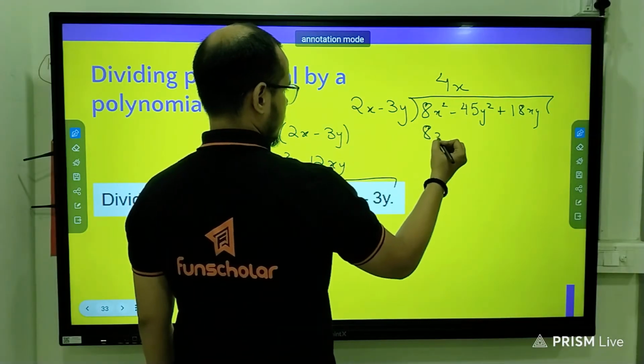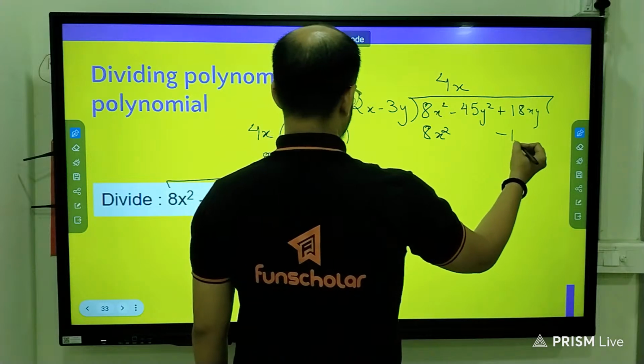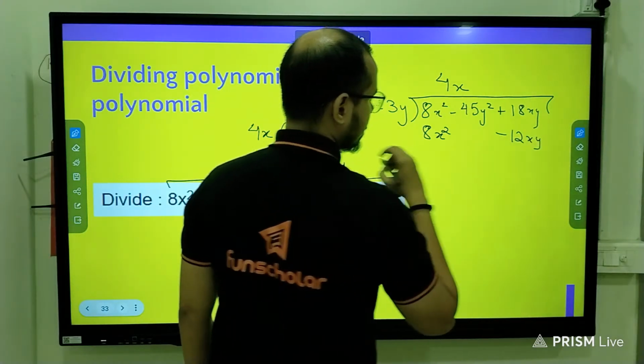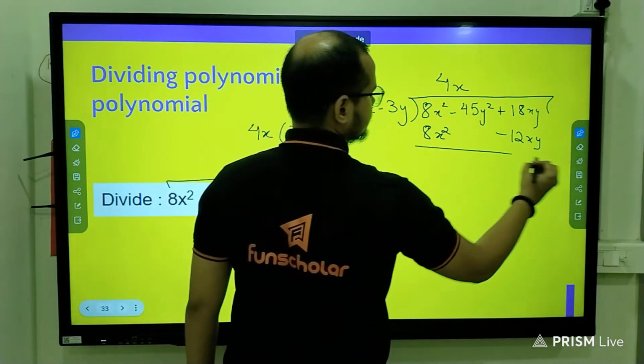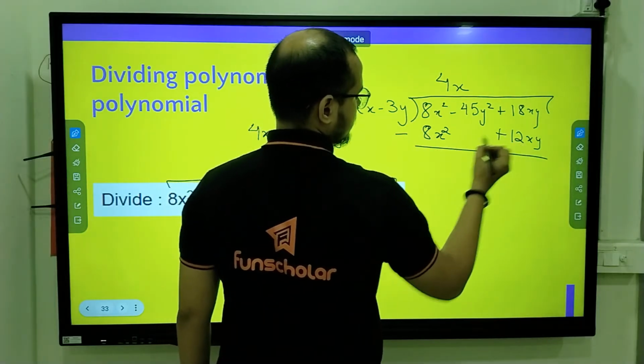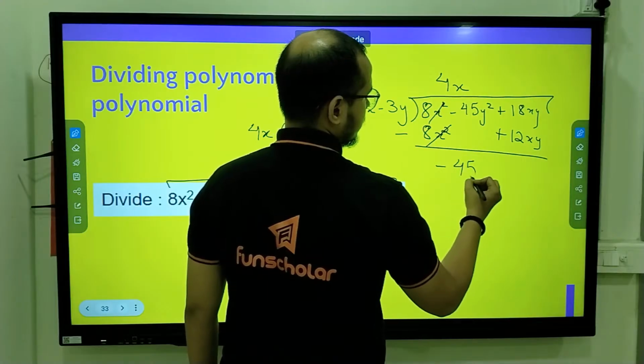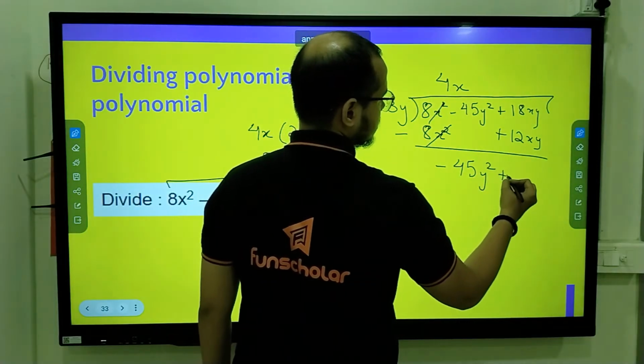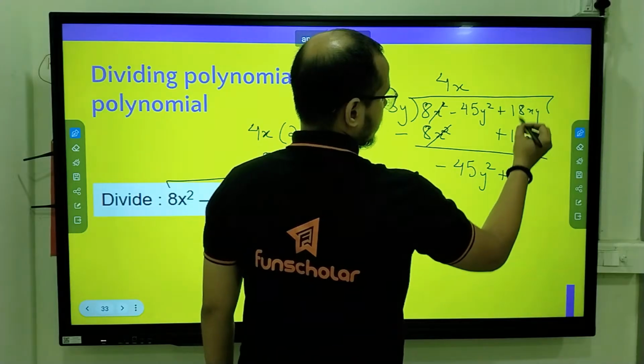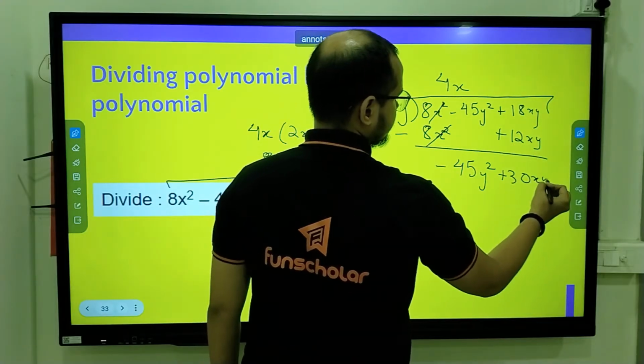We are getting 8x square minus 12xy. Minus this becomes plus, so this and this get cancelled out. We are remaining with minus 45y square plus 30xy.